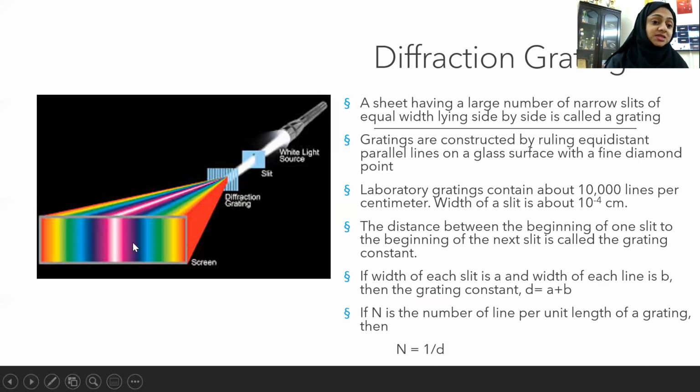See, here you can see violet, indigo, blue, green, yellow, orange, red on both sides. So when white light is incident on a diffraction grating, this is the pattern we observe. In the center, most of the white light will go and it will not split apart. We will see the full white light in the center, and on both sides you can see the component colors.